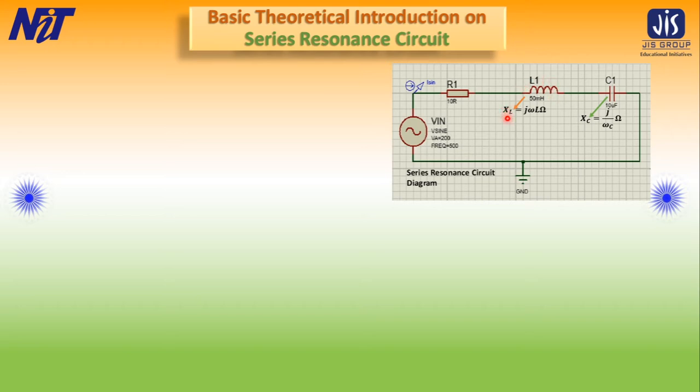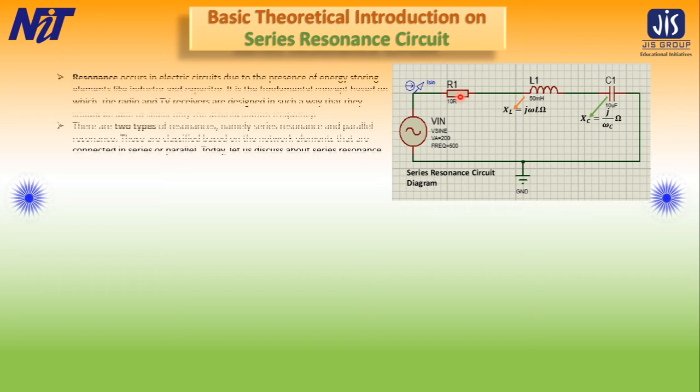You will also realize the capacitive reactance XC as 1 upon j omega C ohms, and inductive reactance XL as j omega L ohms, and resistance, as you already know, is independent of frequency.